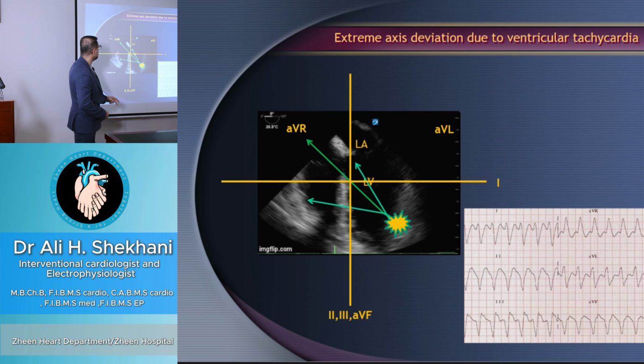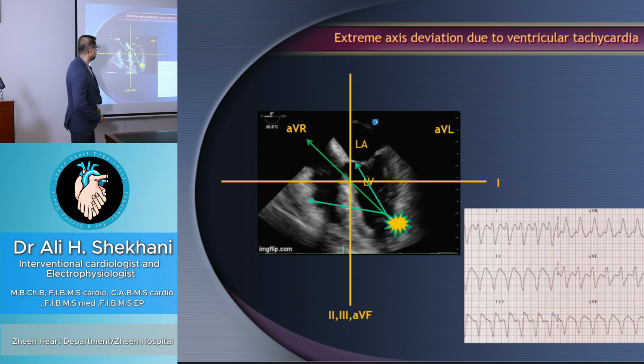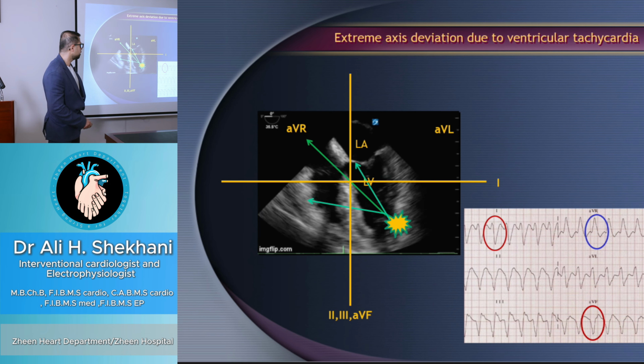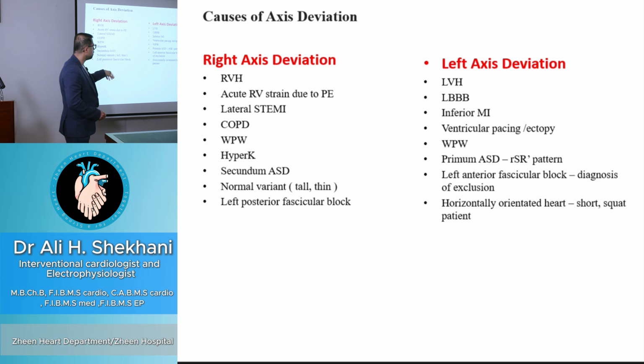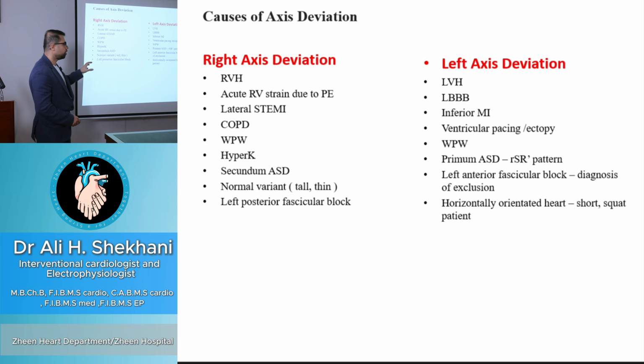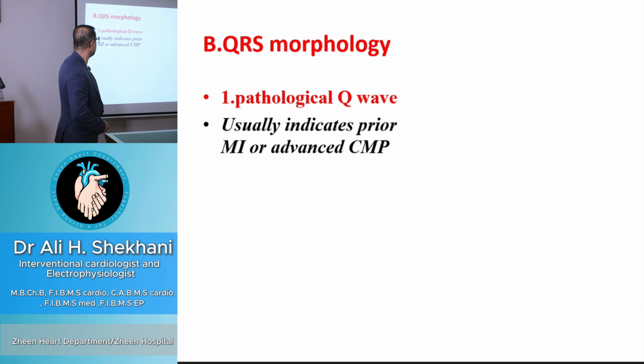If we put an ECG lead, lead 1 is opposite to this direction, aVF is also opposite, so both of them become negative and aVR becomes positive. And of course, each one of them has several causes. I will not enumerate the causes for the sake of time. You can read later on.